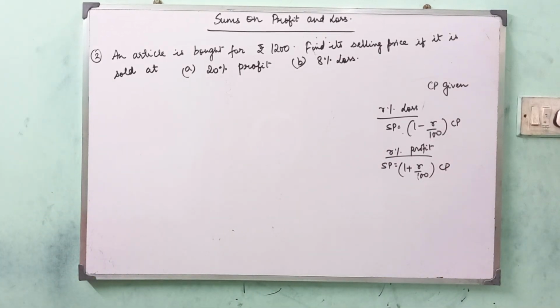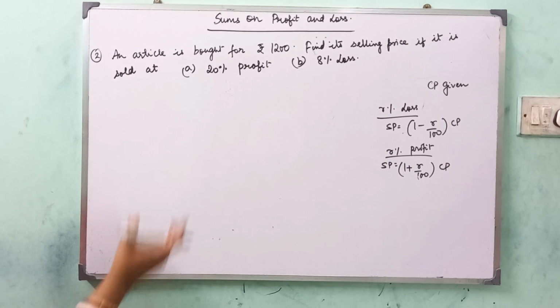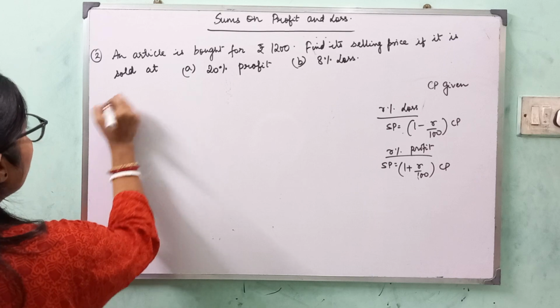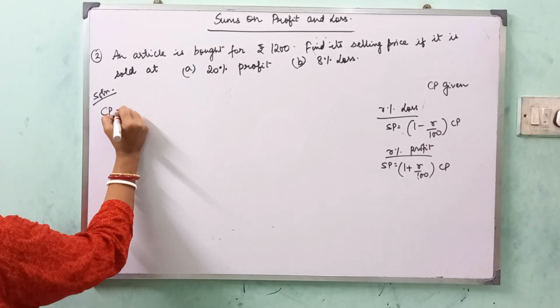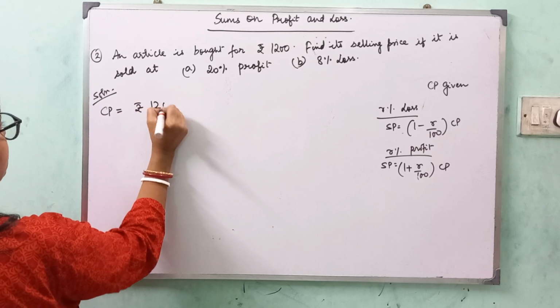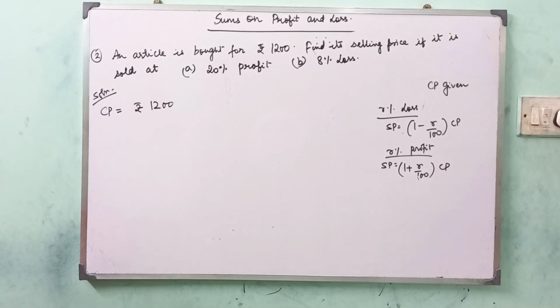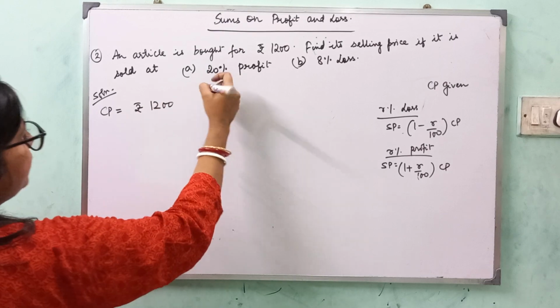All these formulas are present and explained in the previous video. Please refer to the previous video so that you can understand. So here in this case, the cost price is rupees 1200. Now here first case is what?